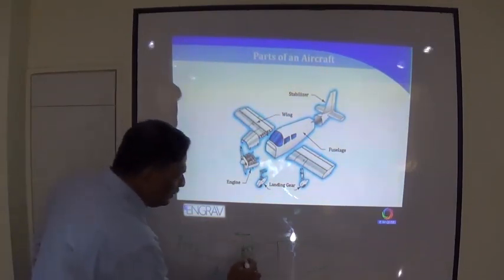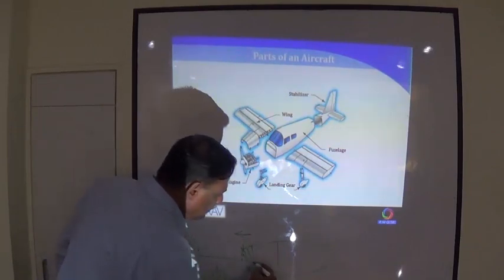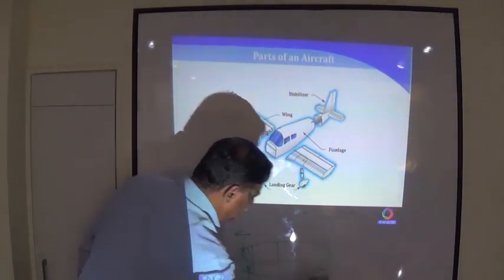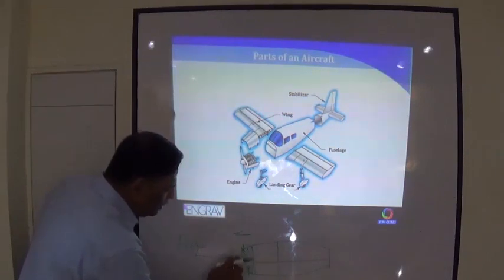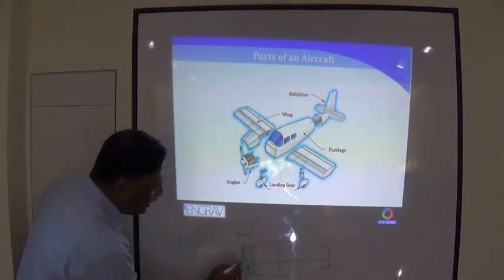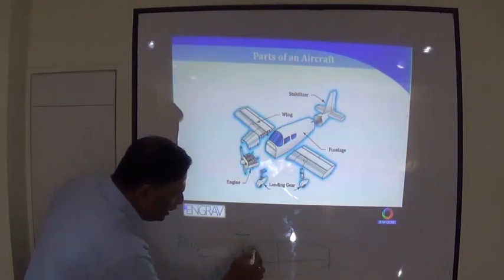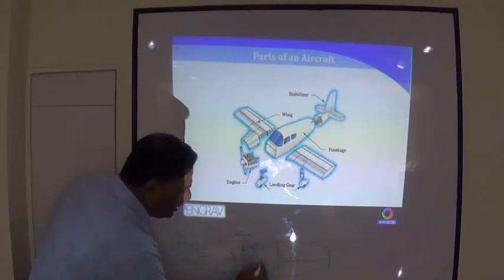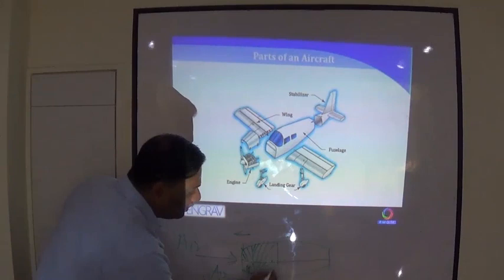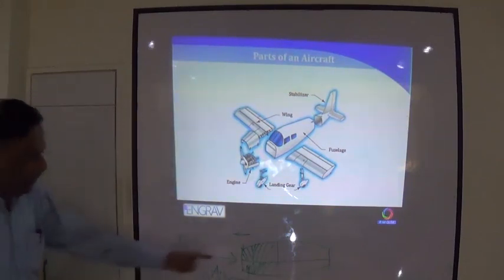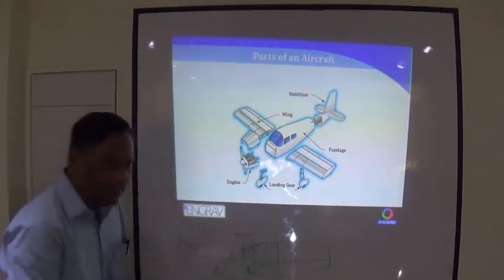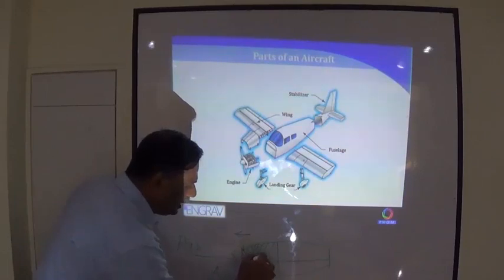Then you have a shaft here, a common shaft running through. Air is getting in, and then this area is called the compressor, the engine compressor. On the shaft you have metallic blades.